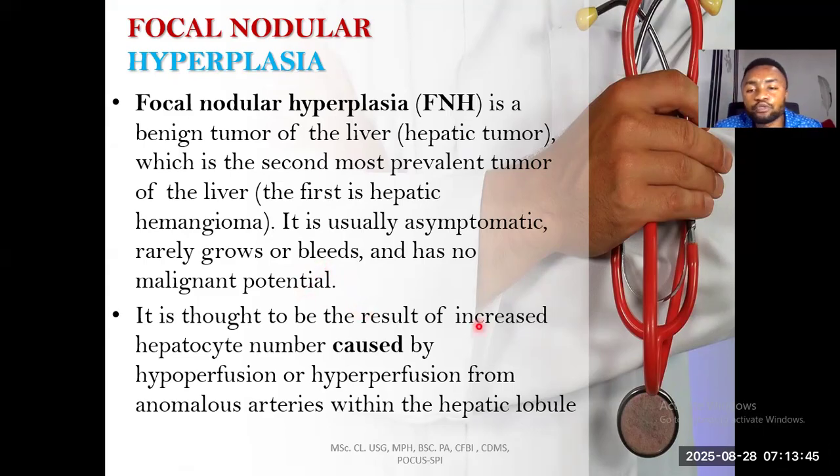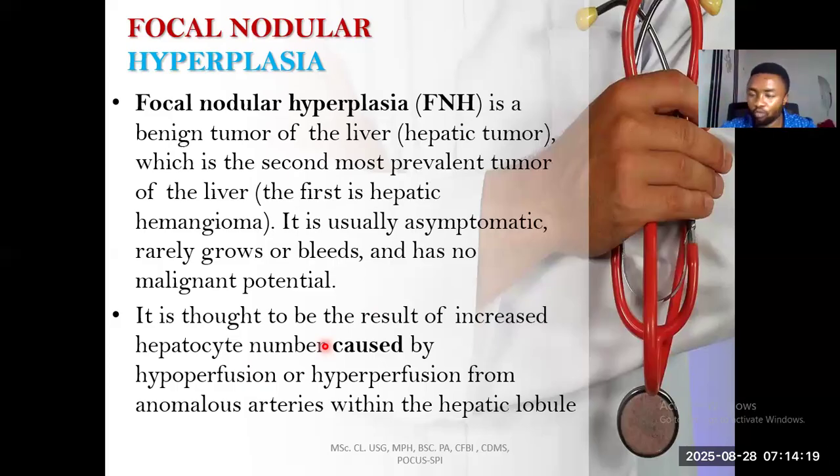It is thought to be the result of increased hepatocyte number caused by hypoperfusion or hyperperfusion from anomalous arteries within the hepatic lobule. When we say hypoperfusion, the cells have to receive enough blood. If they are supposed to receive at least 80% oxygen, but now they are receiving 40%, that should tell you it is hypoperfused.